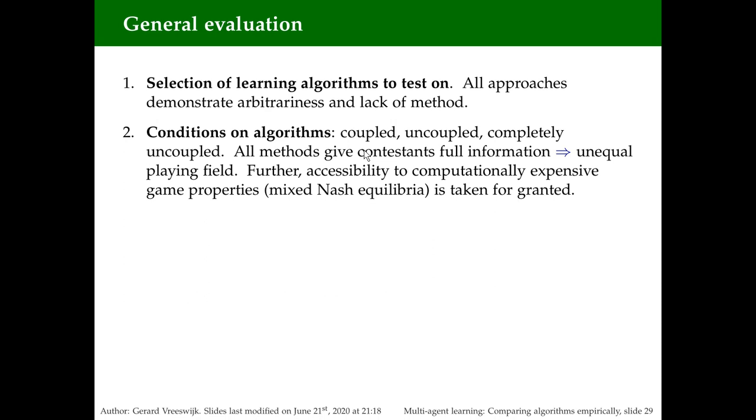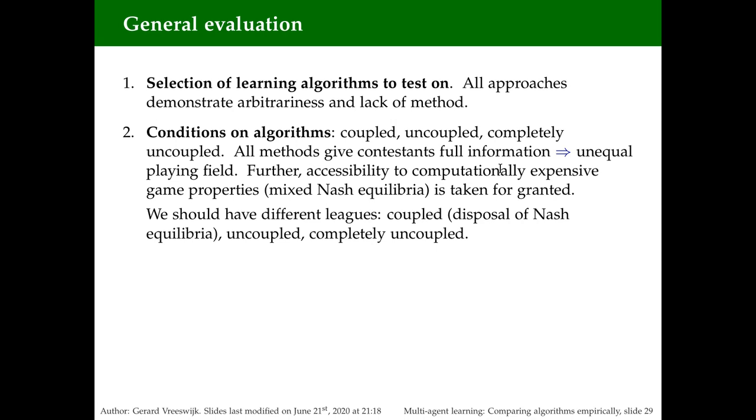And some algorithms are very simple, and other algorithms are computationally expensive and need, for example, to compute all Nash equilibria, or the nearest Nash equilibrium, which amounts to the same. So the computational complexity of algorithms is also not taken into account. So the point is, algorithms are born differently, and still they are compared on the same field, which is not fair.